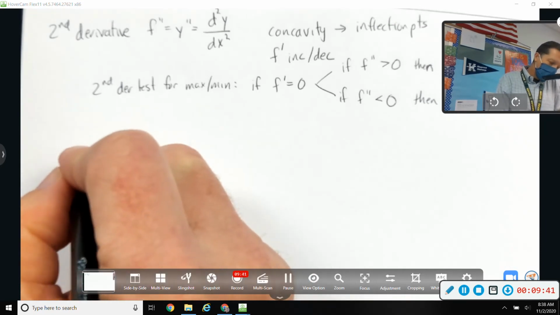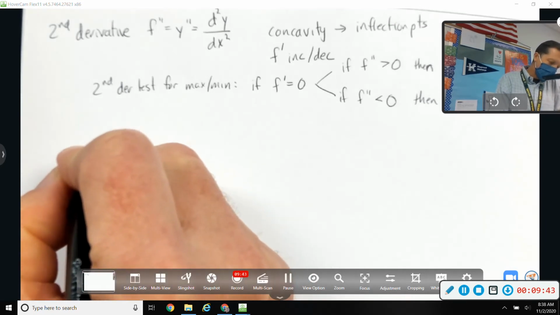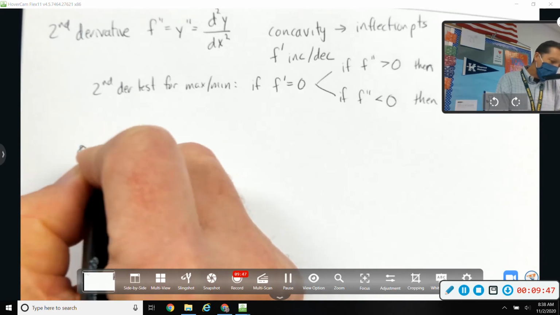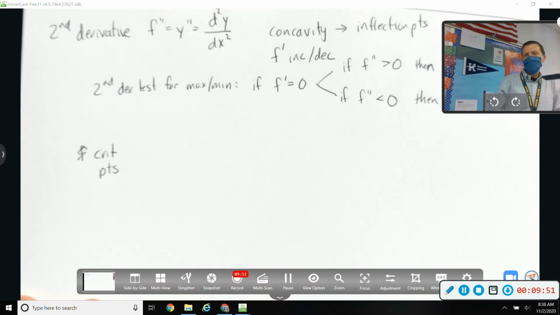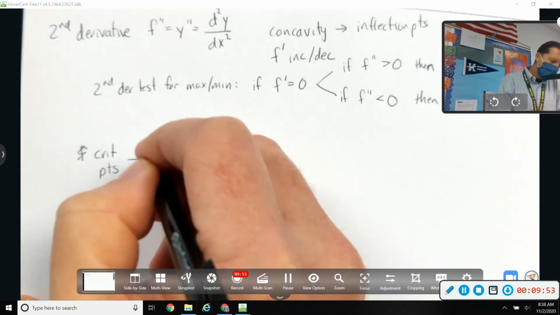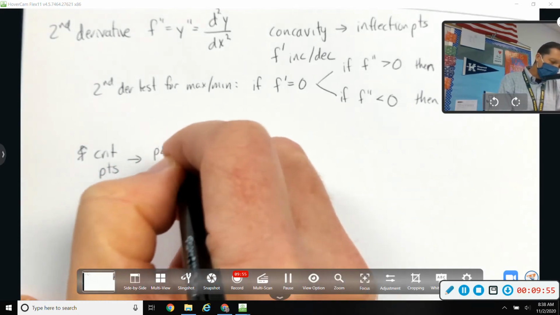For most of the problems, I'm going to do that little flowchart thing again. We find critical points first. F prime is 0 or undefined. That tells us the possible extrema.